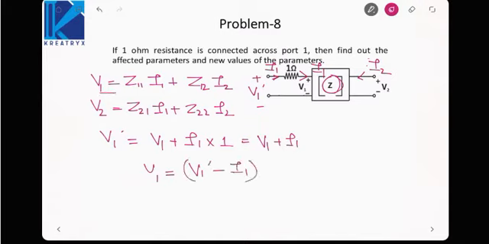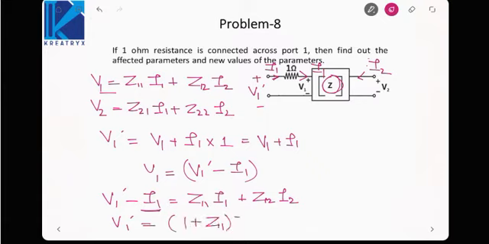If we substitute in this equation, V1 dash minus I1 is equal to Z11 I1 plus Z12 I2. Take this I1 term on the RHS. It will be 1 plus Z11 I1 plus Z12 I2.